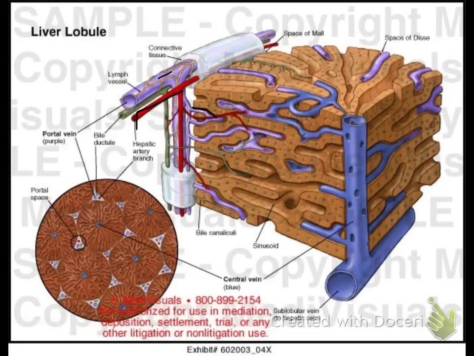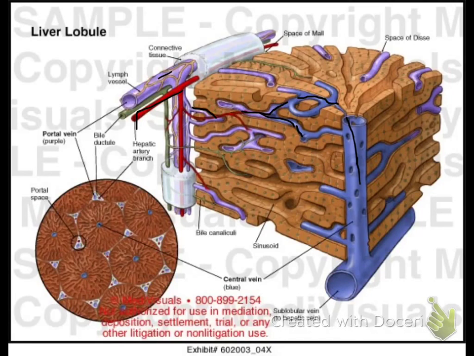They go into the hepatocytes, exchange blood, nutrients, oxygen with these cells, and eventually they will go to the sinusoids, which separate the hepatocytes in the lobule. They will go to the sinusoids, and the sinusoid will drain that blood into the central vein, and eventually to the heart.